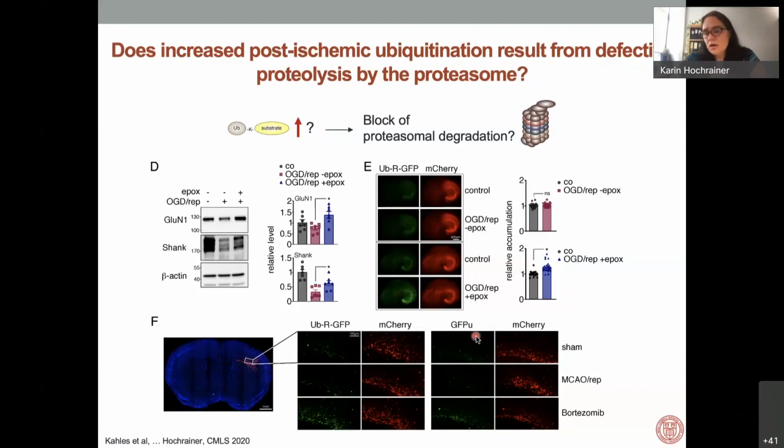So then, what is going on here? How can this ubiquitination be so high after stroke? We thought we would look next at another class of proteins, the deubiquitinases, because deubiquitinases have been shown to reduce their activity after stress.